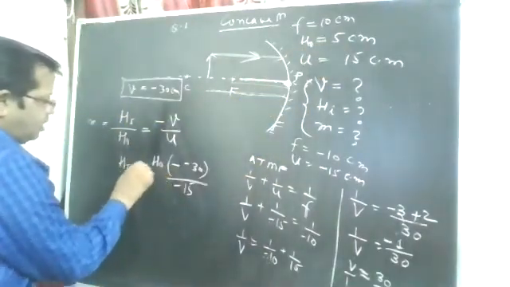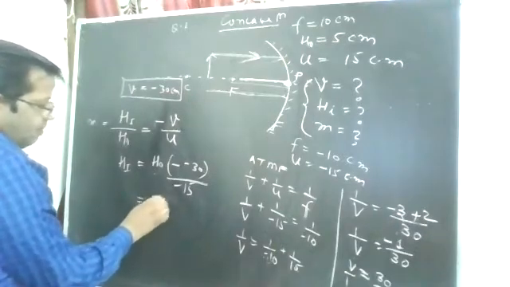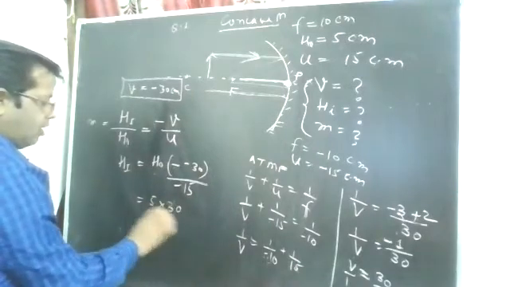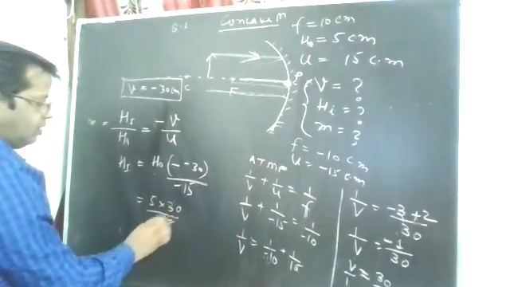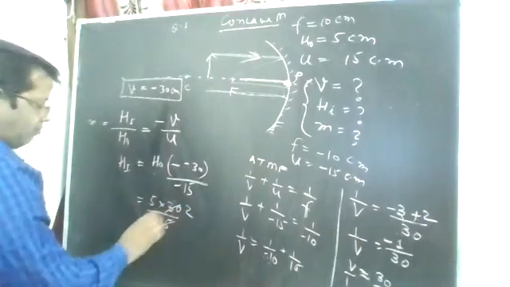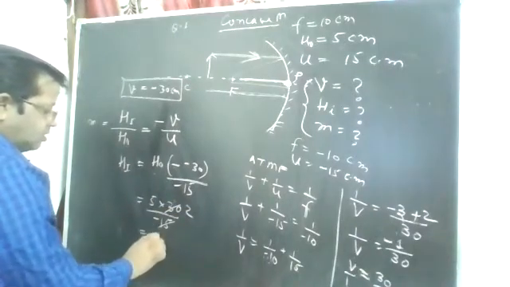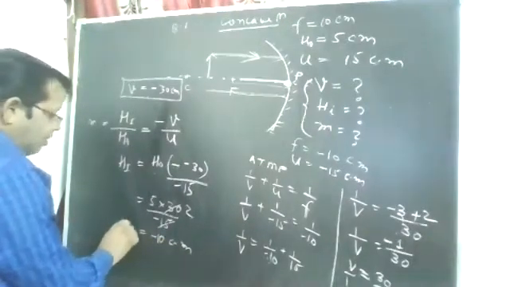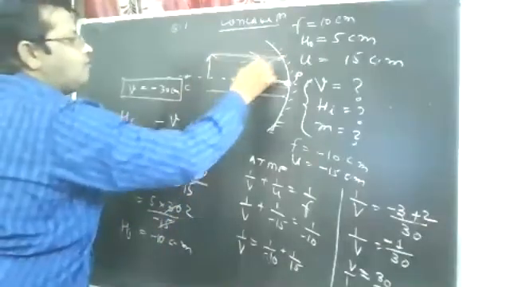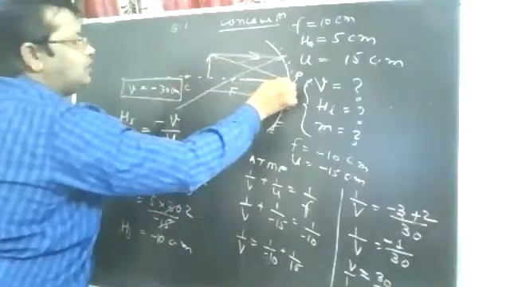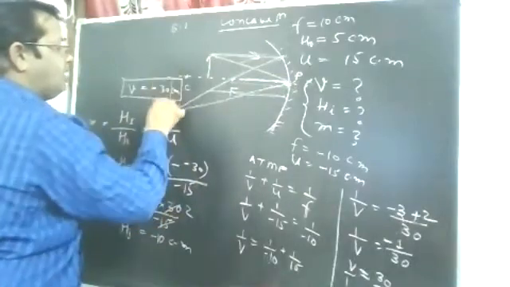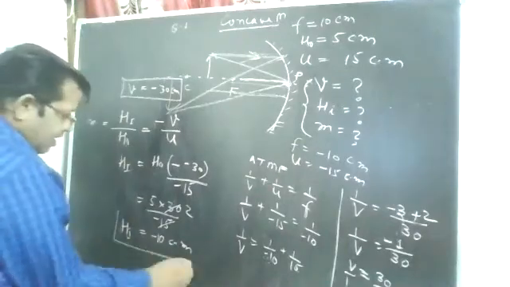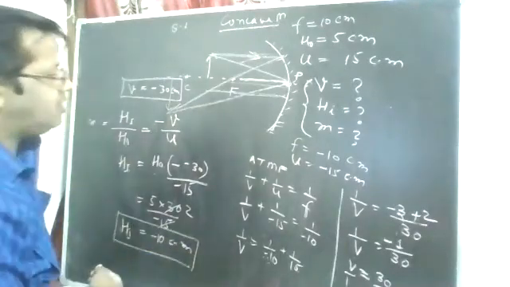So 5 into minus minus plus 30 upon minus 15 gives minus 10. The height of the image is negative, so the image will be inverted. Height of image is minus 10 centimeter.